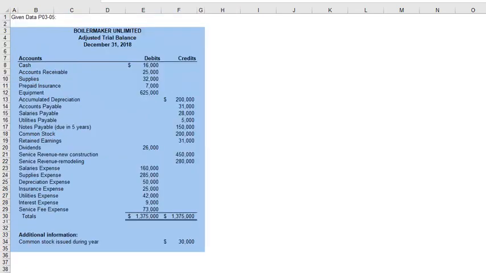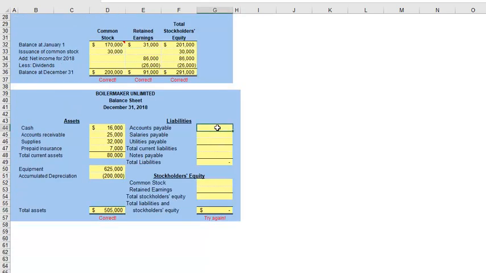So let's look at our balances here. All right, so there's that note payable due in 5 years. We have accounts payable of 31,000, salaries payable of 28,000, utilities payable of 5,000, and notes payable of 150,000. So let's go ahead and update these numbers. So 31,000 for AP. Now I just abbreviated accounts payable as AP. That is a common abbreviation in the business world.